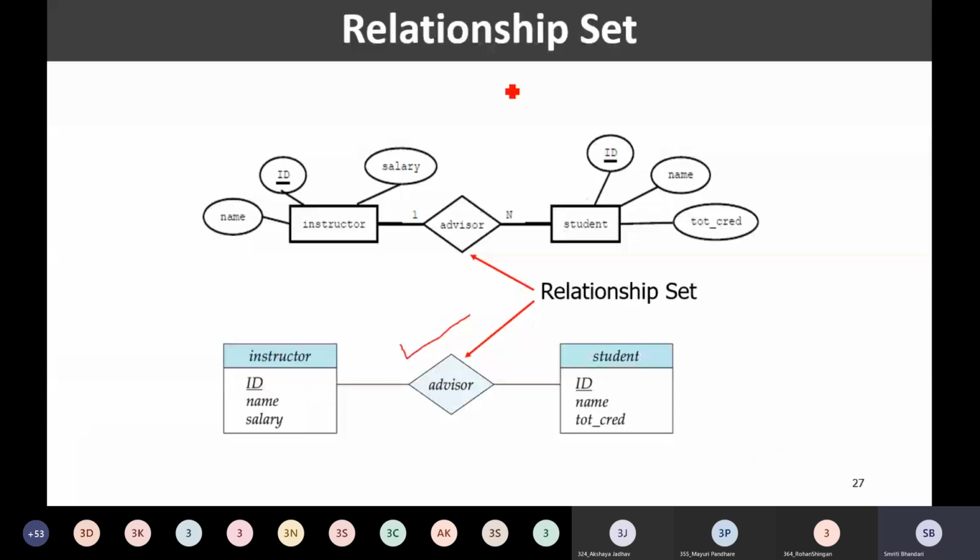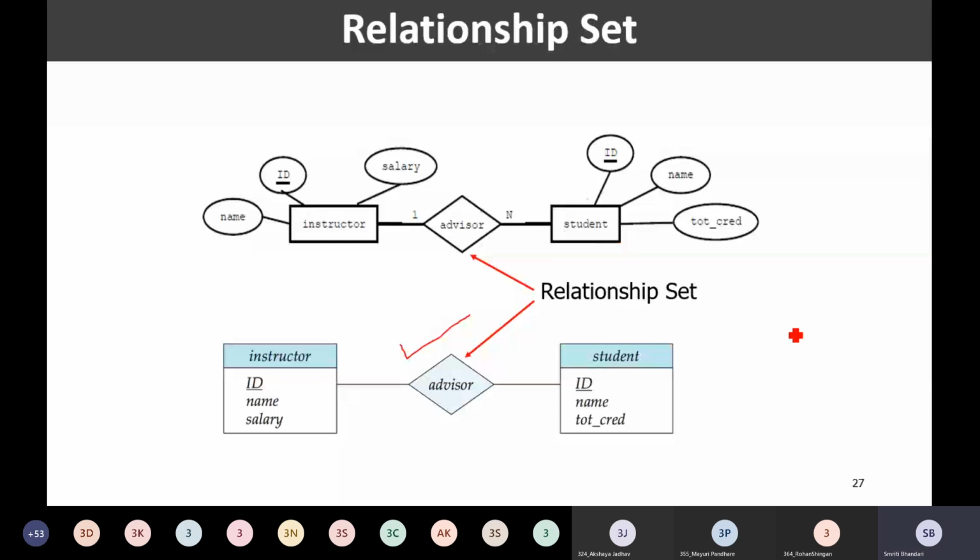So a relationship set between the entity sets is denoted with a diamond. Advisor is a relationship set between instructor and student.